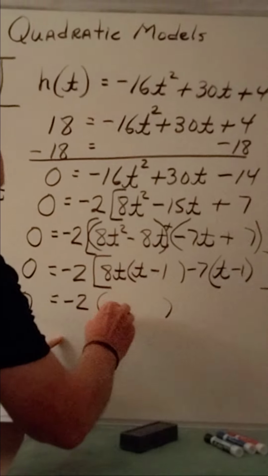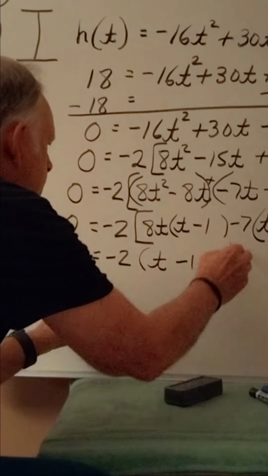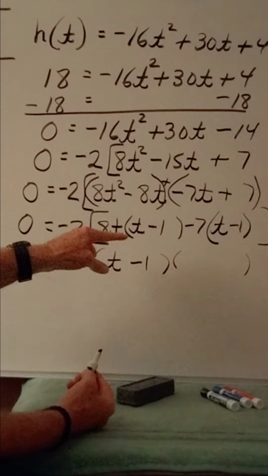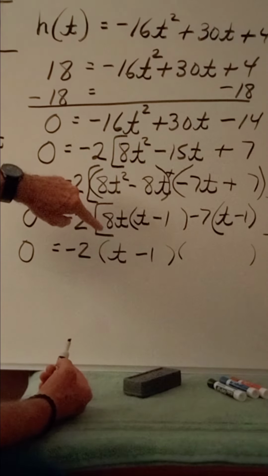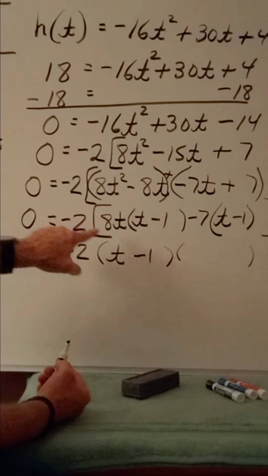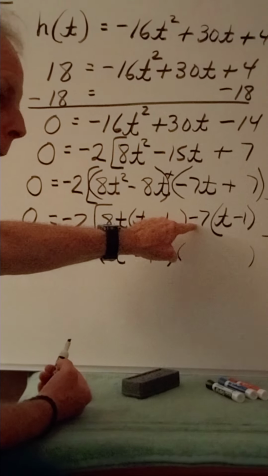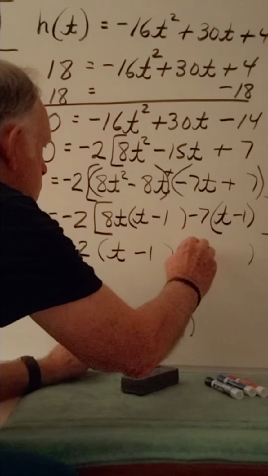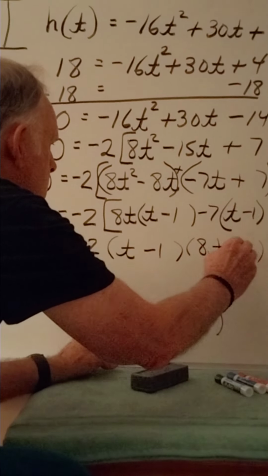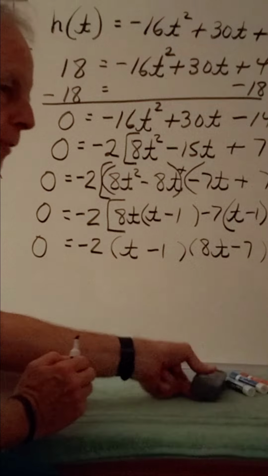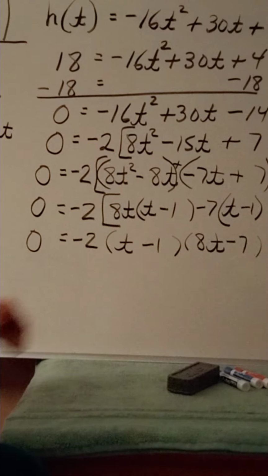So we'll pull out that t minus 1 and make your second binomial grouping, and the other one will be made up, like we've said over and over and over again. We're going to bring in the turkey and the gravy. 8t minus 7. Now let's use the zero factor property to get our values of t.